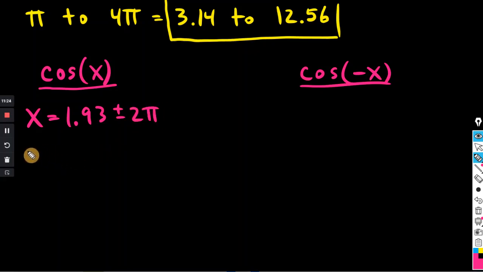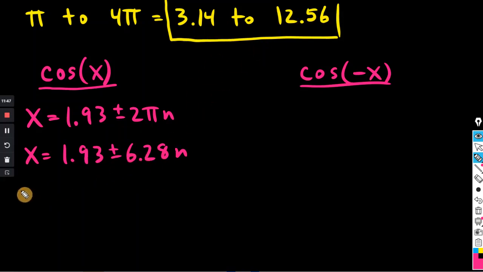Okay. In other words, we take the original x, we forgot the n here, and we're going to add or subtract the 2 pi, which is 6.28, times n. Okay, and the values have to be in this range. So the 1.93 doesn't count.